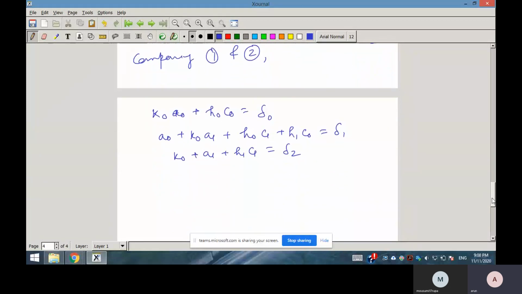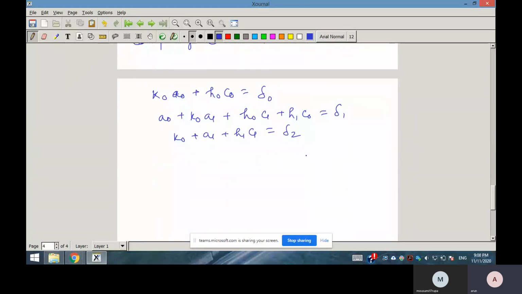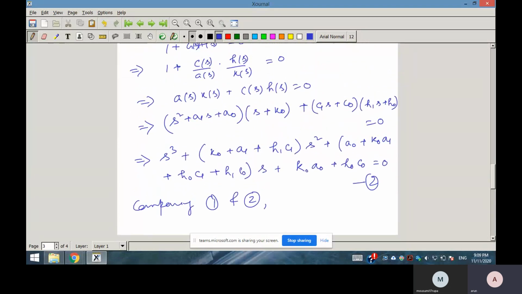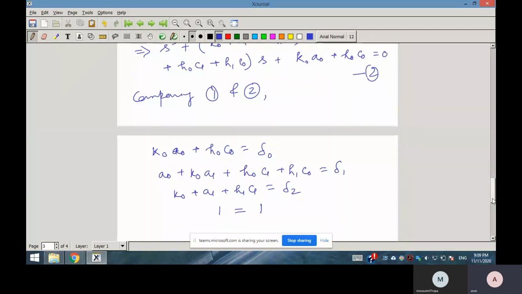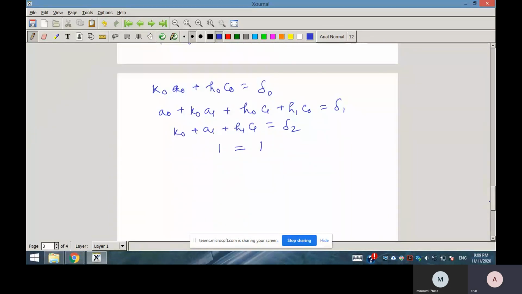Also 1 is equal to 1, by taking the coefficient of s to the power cube. Now what kind of equation are we getting?